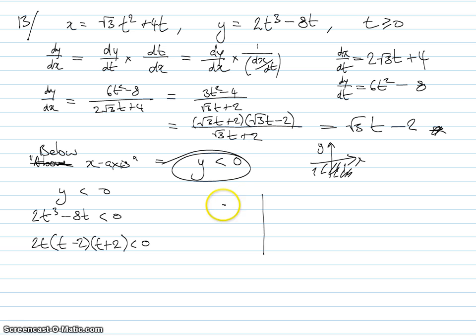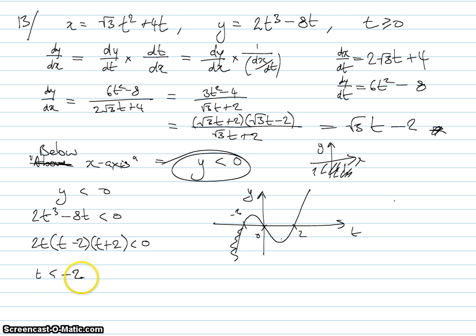Well, if we draw the sketch of not y against x, but y against t, we see that the curve looks something like this, where this is 2, 0, negative 2. So we see, for this to be less than 0, we need either t to be less than negative 2, or t to be between 0 and 2.